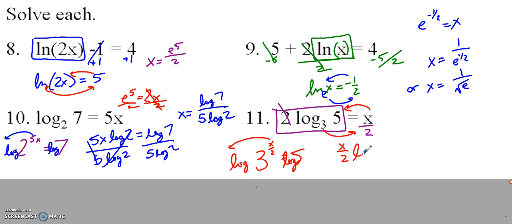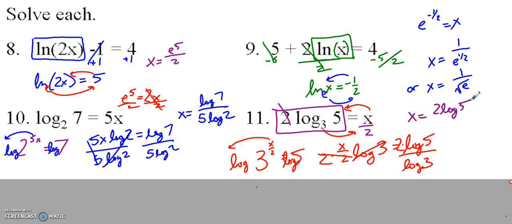X over 2 log 3 equals log 5. Then I'm going to divide by log 3 and multiply times 2. So x would equal 2 log 5 over log 3.